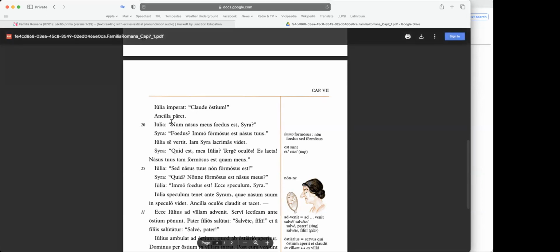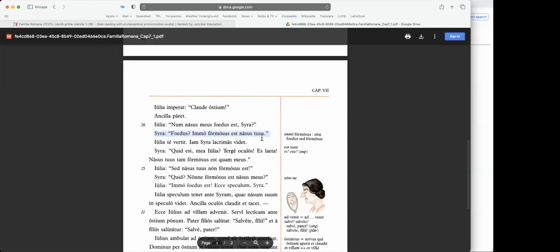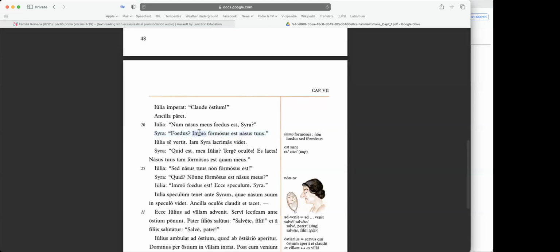Let's see, where'd we end up here? Was it line starting with 21? That's right, 21. I want to mention immo. I just looked it up. It's on the contrary.